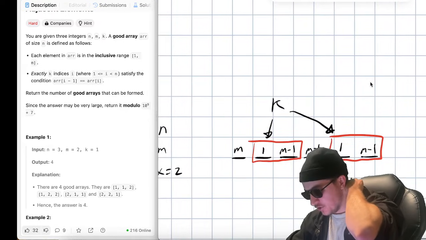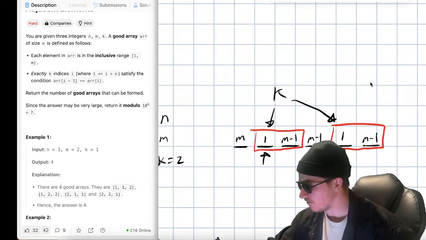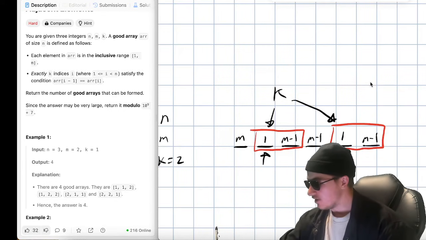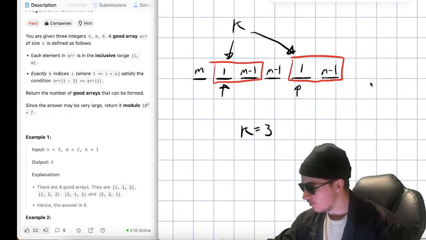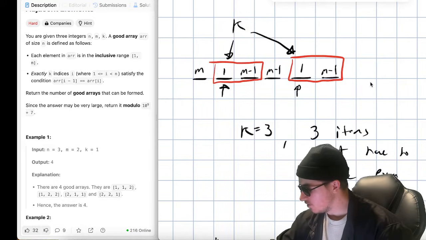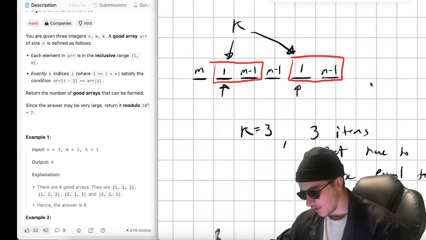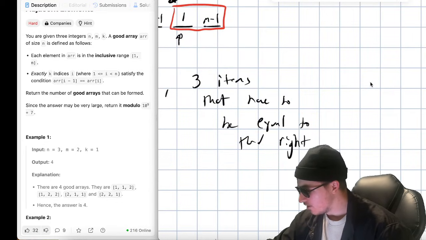And when k equals 2, there are 2 ones, because depending on the number of k, that's the number of items that are constrained. When k equals 3, that means there are 3 items that have to be equal to their right adjacent.